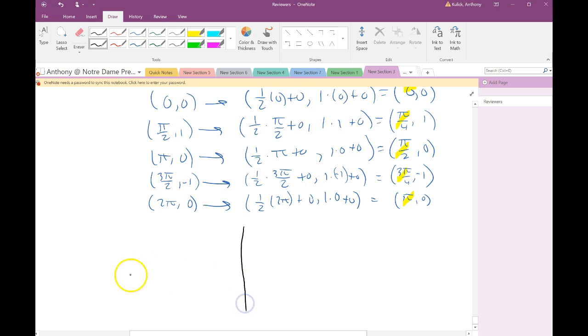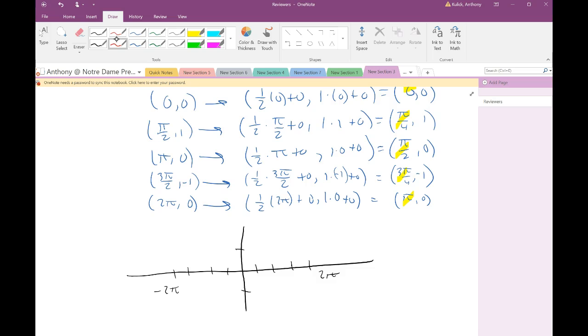So let's go ahead and draw this. Let's plot. So I have pi over 4. If this is pi over 2, that's pi, that's 3 pi over 2, and that's 2 pi. Pi over 4 is going to be like here, and then we're here.